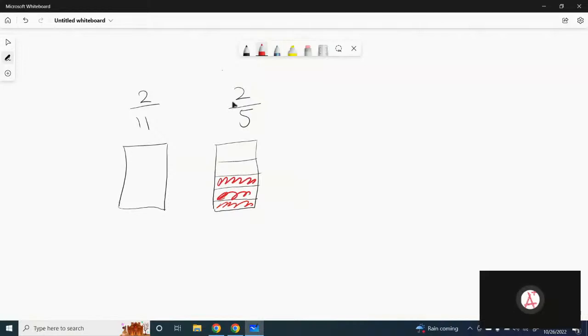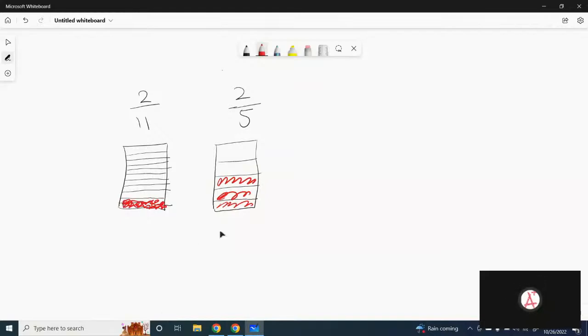Okay, then you have 2 by 11. So 1, 2, 3, 4, 5, 6, 7, 8, 9, 10, 11. Okay, out of the 11, two of them are colored. So just look at both the diagrams.